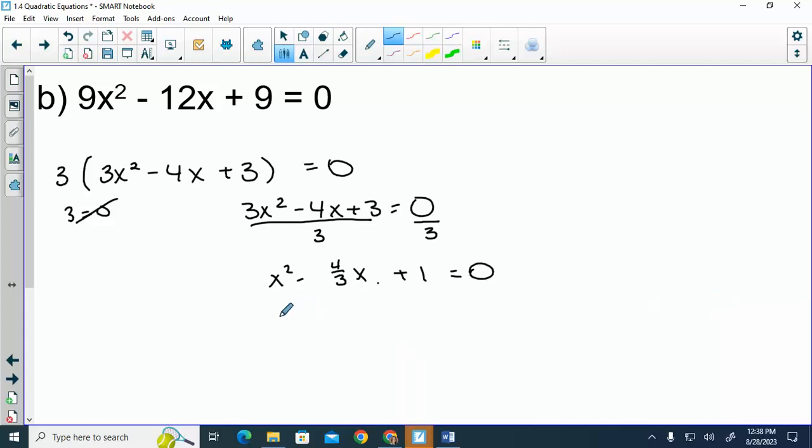Completing the square. It says we move the constant to the other side. We take the middle term, which was -4/3, divide that by 2, and square it. What is -4/3 divided by 2?